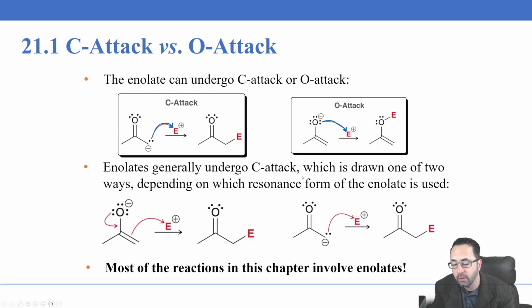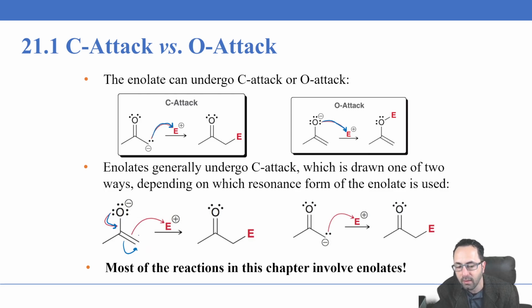Now, as we move forward, we're going to see that enolates will generally undergo the carbon attack, and this can be drawn in one of two ways, depending on which form of the enolate is started with. If we start with the enolate form with the negative charge on the oxygen, we show it going backwards and creating the carbonyl bond again, which puts the negative charge on the carbon, and then it would attack.